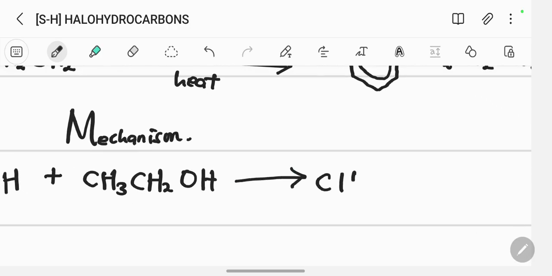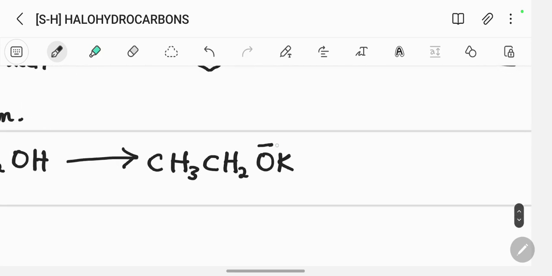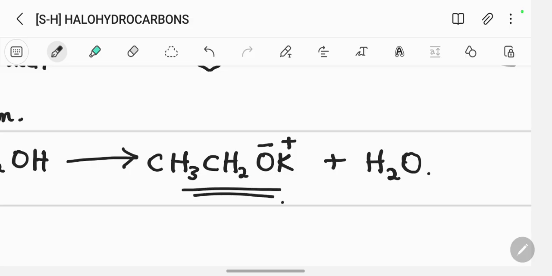So I'm going to form CH3CH2 potassium ethoxide and water. Now the rest are the same. The potassium ethoxide is going to dissociate.